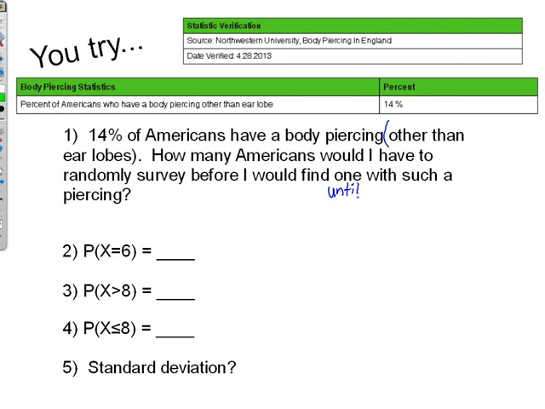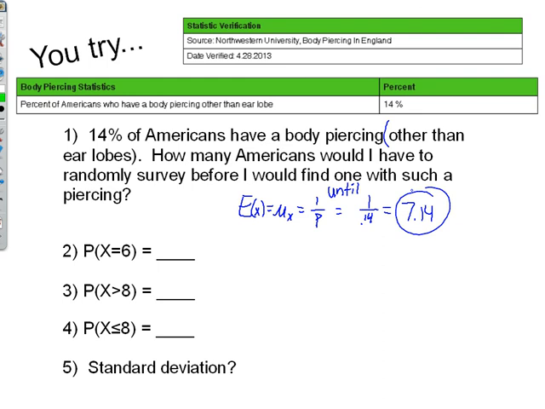This is just asking for the expected value, the mean of x, and we just said that was 1 over p, so 1 over 0.14, which I did with my calculator earlier and came out to 7.14. So I would expect to have to talk to 7 or 8 people to find somebody with a body piercing other than the earlobe.